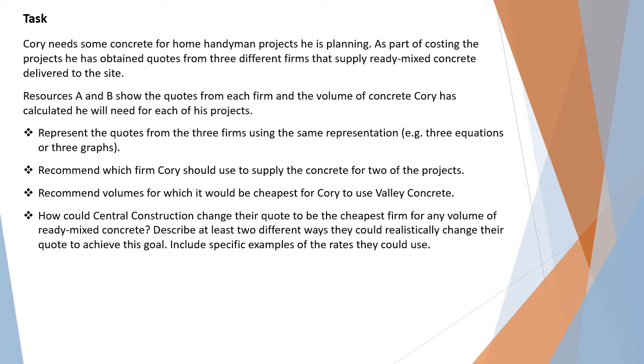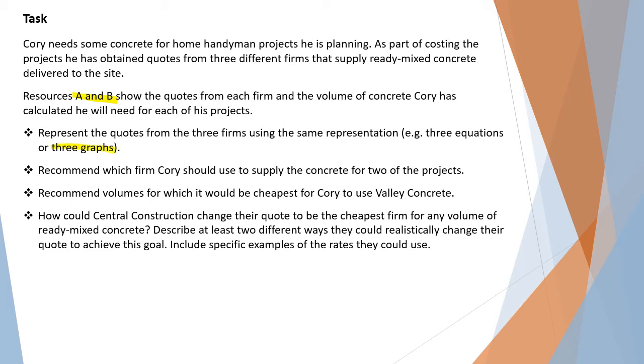Here's the problem. Corey needs to do some concreting for some projects. He has to talk about the costing of these projects, using resources A and B on the next sheet, and actually discuss those. But what you are asked to do is represent the quotes for the three firms in the same representation.